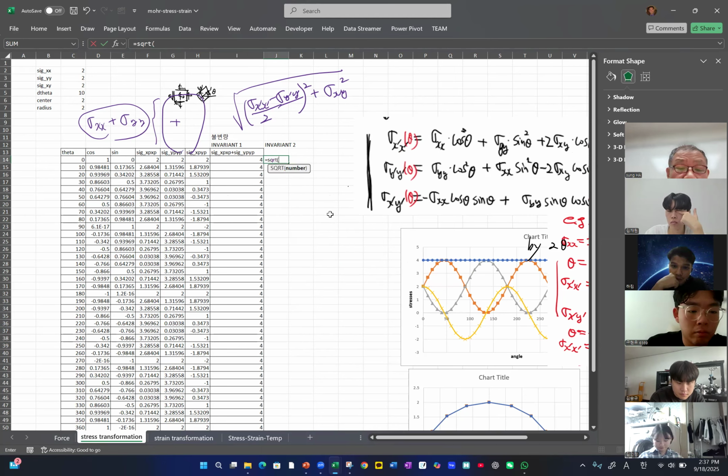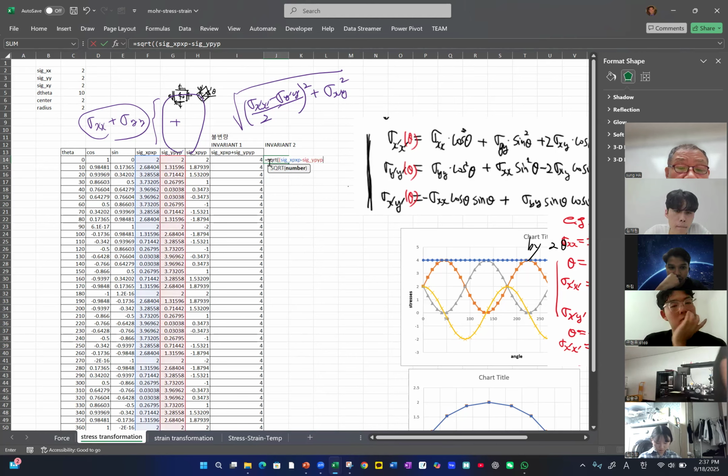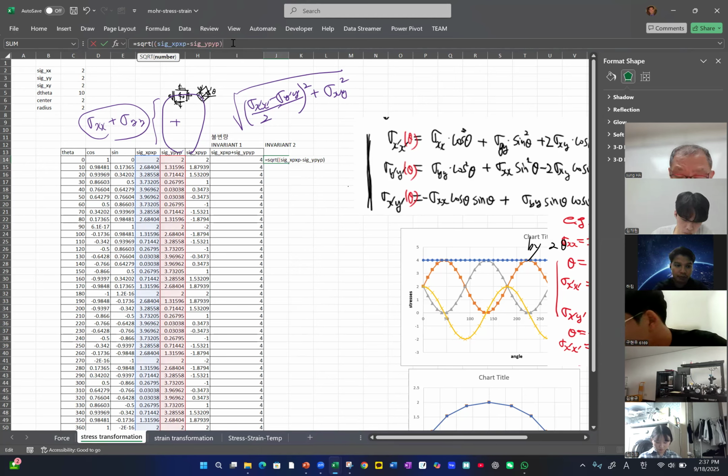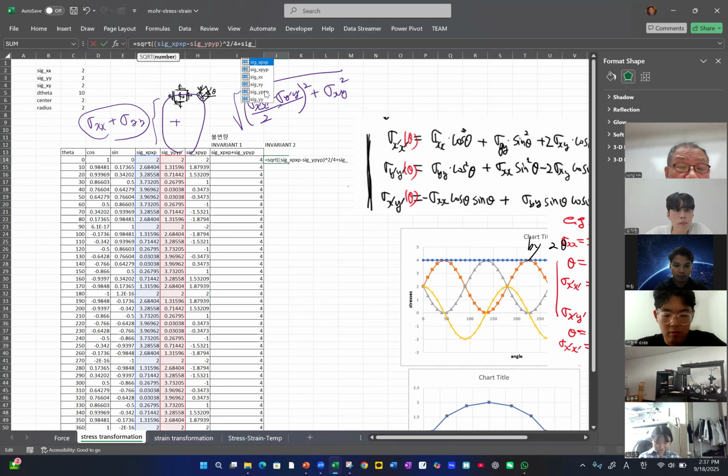Square root, and then sigma x prime minus sigma y prime, and, okay, divide the square, you can divide by 4, and plus sigma x prime y prime.